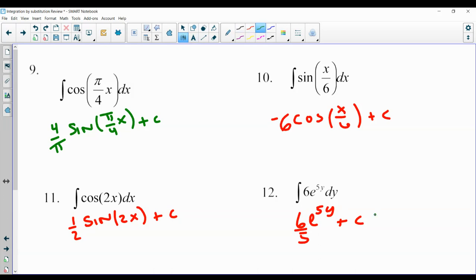If I take this derivative, the derivative would be constant multiplier, leave it, and the derivative of 5y is 5. And then the 5's cancel, and you're right back to where you began. Do you see that? Every single one of these can be done in reverse.